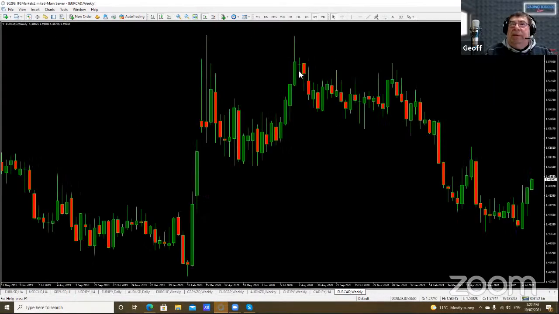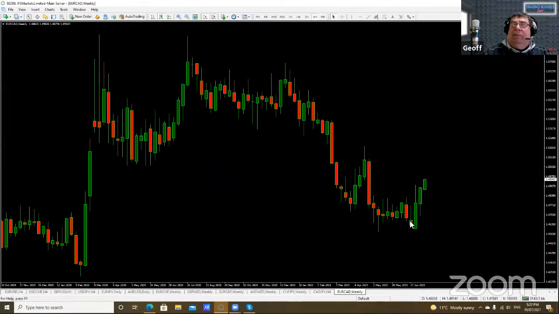So EuroCAD is showing me on the weekly chart a signal that I don't really want to see, but it's there. It's not absolutely perfect either. What I'm looking at is this bar here. Had it closed closer to its high, this would be more conclusive, but it didn't. That's not the bar you want to trade, however.